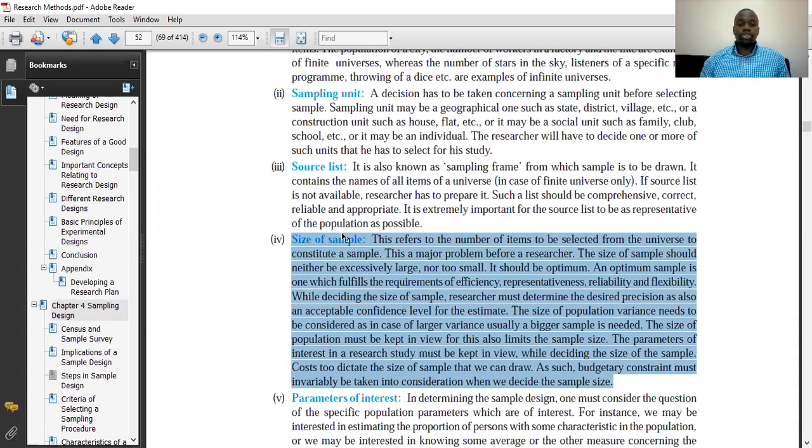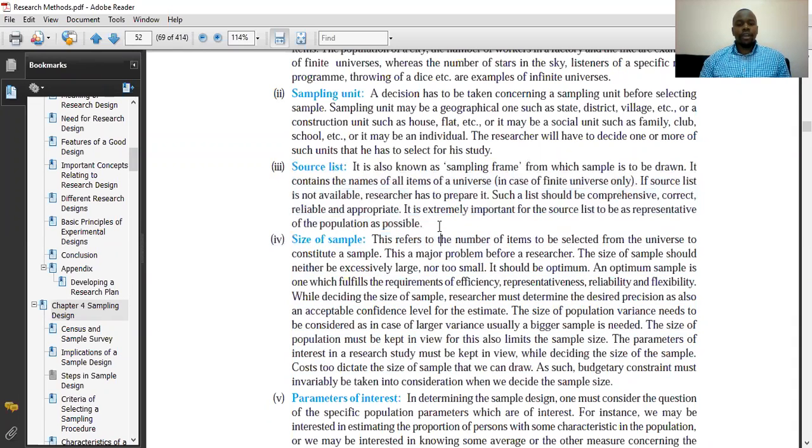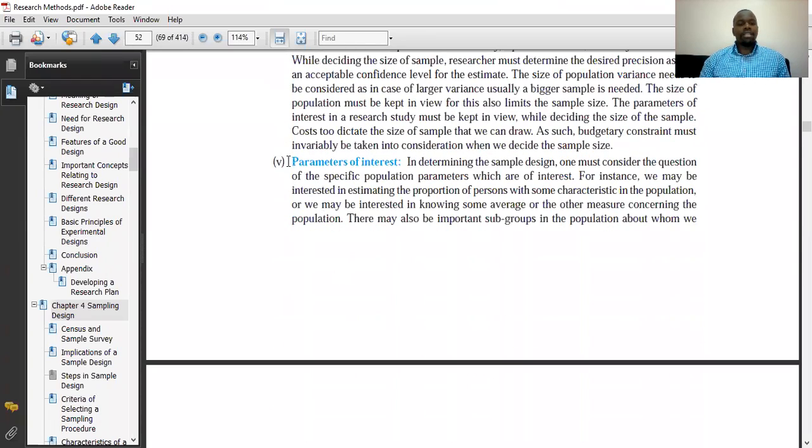For example, your source list has students divided into different departments: 10 from ICT, 10 from engineering, 10 from hospitality, 20 from media, something like that. Then parameters of interest are the particular groups that you will want to be interested in when the data collection begins, after you collect your sample.